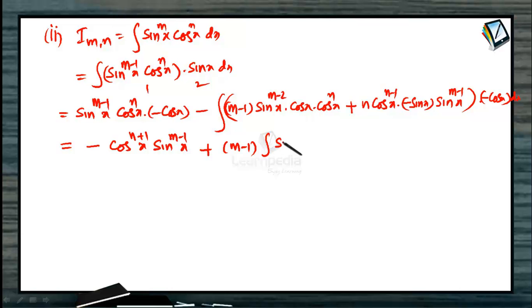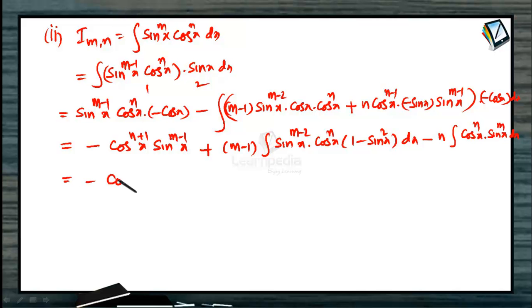So the integral of sin^(m-2) x into cos^n x into (1 minus sin square x) dx, then plus into this, minus into this, minus becomes plus, and here we have now minus cos x into minus sin x is plus, but this minus makes this one minus, and n times cos^(n-1) into cos x is cos^n x, sin^(m-1) into sin x is sin^m x, into dx.